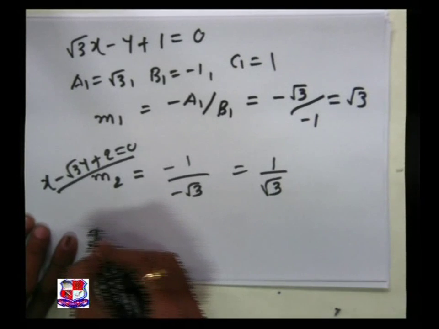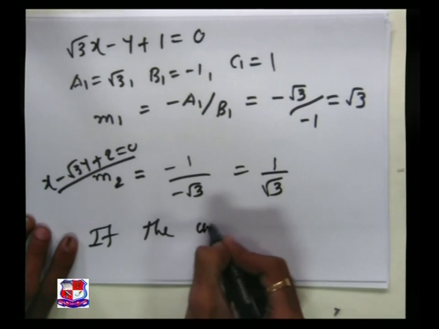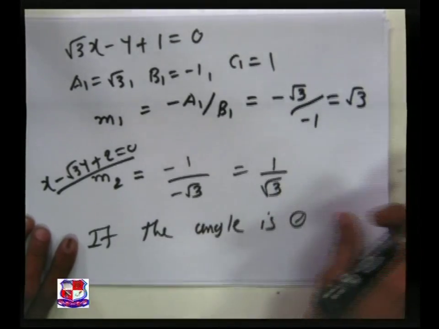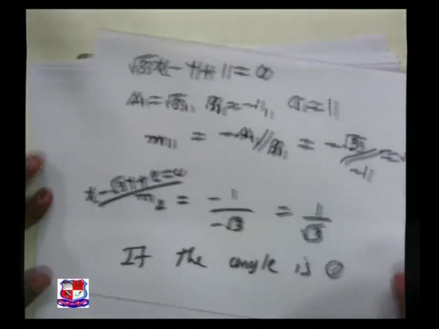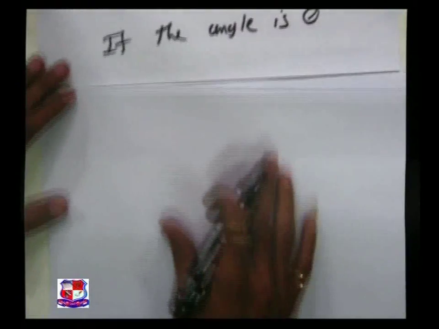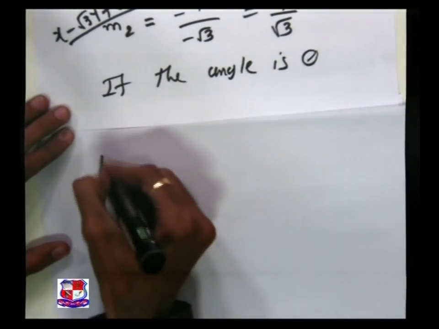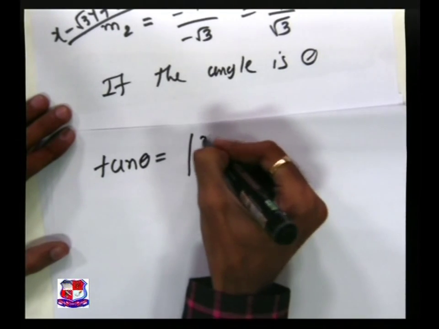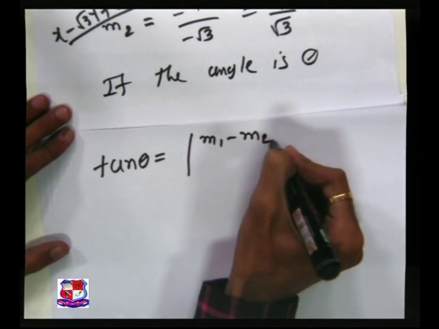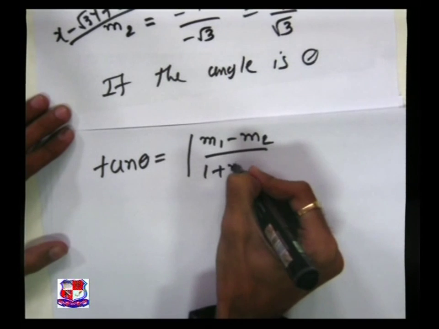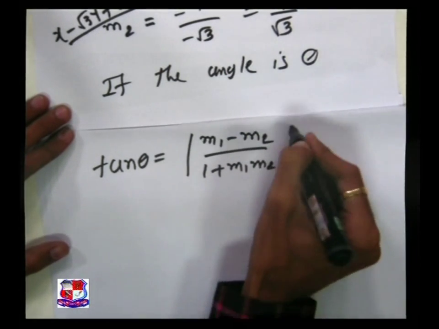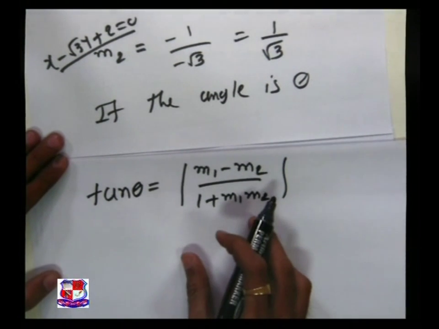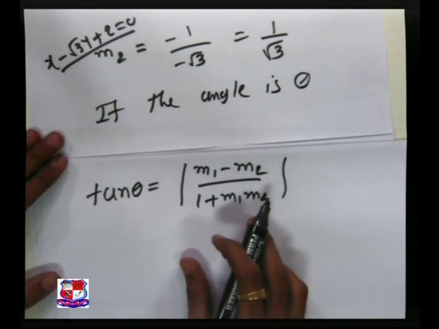If the angle is theta, then as we have discussed, tan theta = modulus of (m1 − m2)/(1 + m1·m2). Here m1 = √3 and m2 = 1/√3.